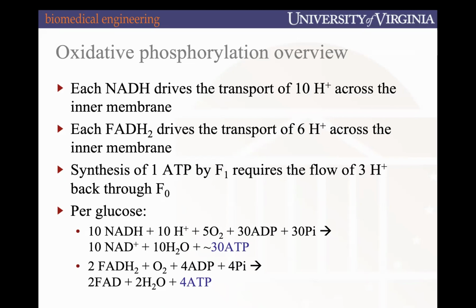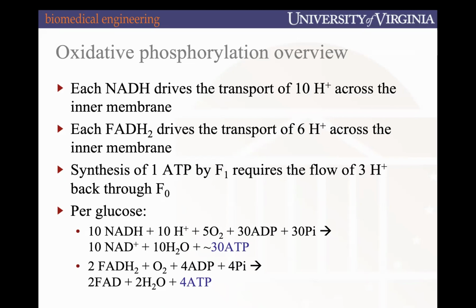The reason why this says approximately 30 is because as electrons are passed throughout the inner membrane from complex 1 to coenzyme Q to complex 3 to complex 4, electron leak can occur. So as we lose some of these electrons, hydrogen ions will not be flowing as much as a result of this electron leak.